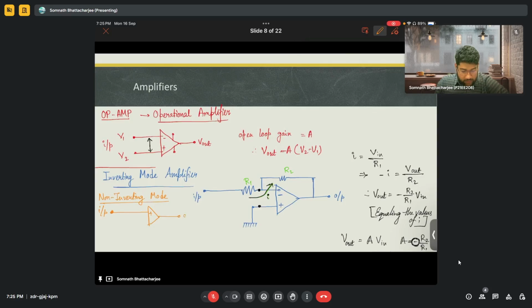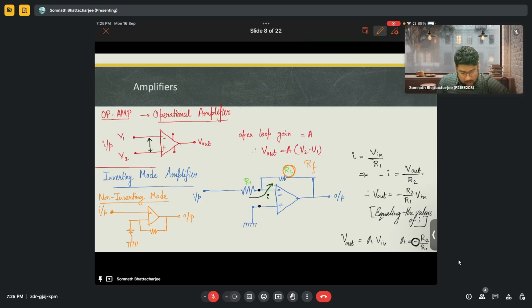The output we'll get from here. We'll put a resistance that will go to the ground line, and there will be another resistance here. In most cases, this R1 works as a feedback line, so we call it the feedback resistor, or we can also name it RF.